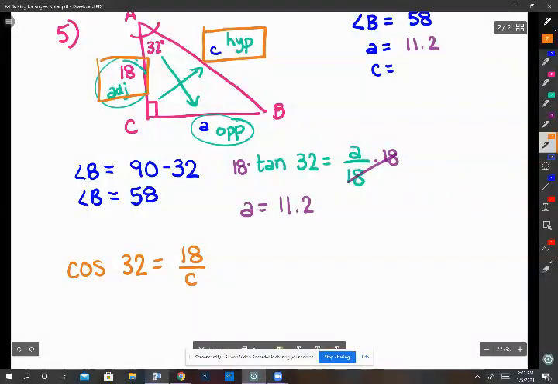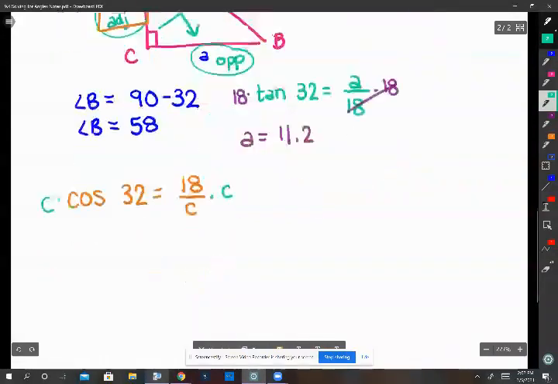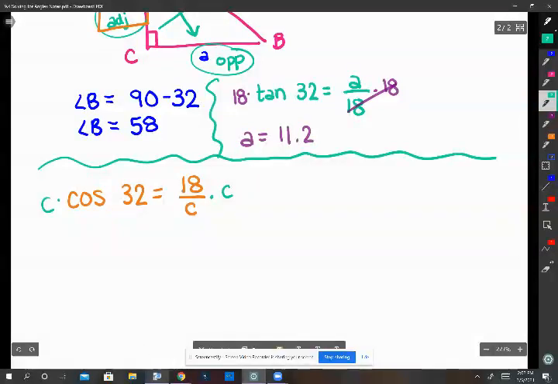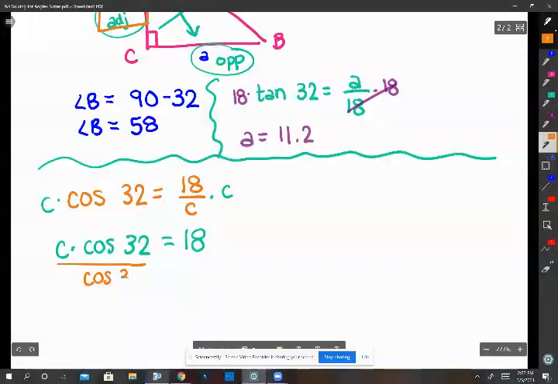Again, we're going to solve that the way we normally would. To undo dividing by C, we multiply by C. So we get C times cosine of 32 is equal to 18. Then we want to get C all alone, so we divide both sides by cosine of 32.